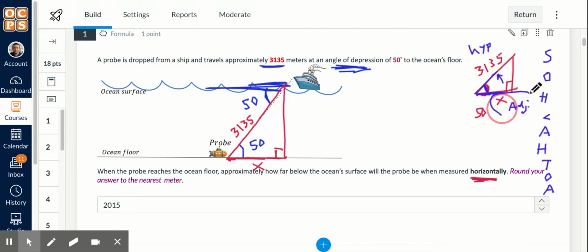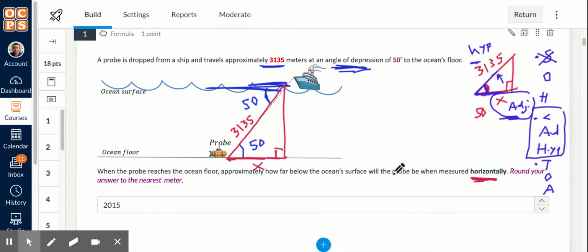So x is your adjacent side to the 50-degree angle. So now, which of these three, sine, cosine, or tangent, am I going to use if I have adjacent and hypotenuse? I'm going to start looking over here. Adjacent and hypotenuse. This is opposite and hypotenuse. So no. Adjacent and hypotenuse. Here we go, I have adjacent and I have hypotenuse.